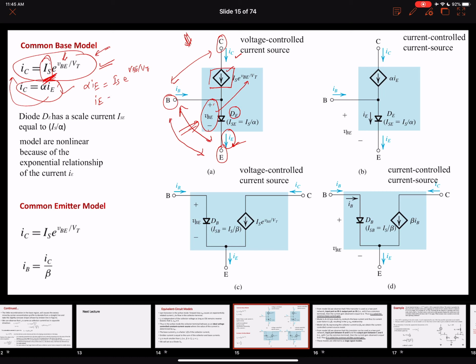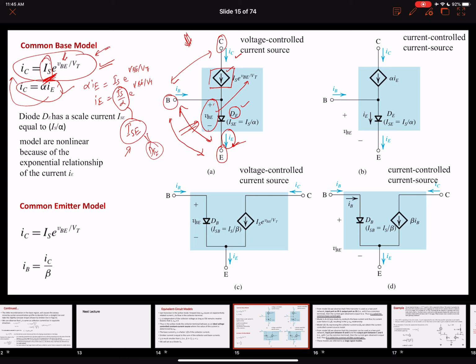So IE equals IS over alpha e raised to VBE over VT. So this is the scaling current ISE of the diode, right? So ISE is the scaling current of this diode DE.